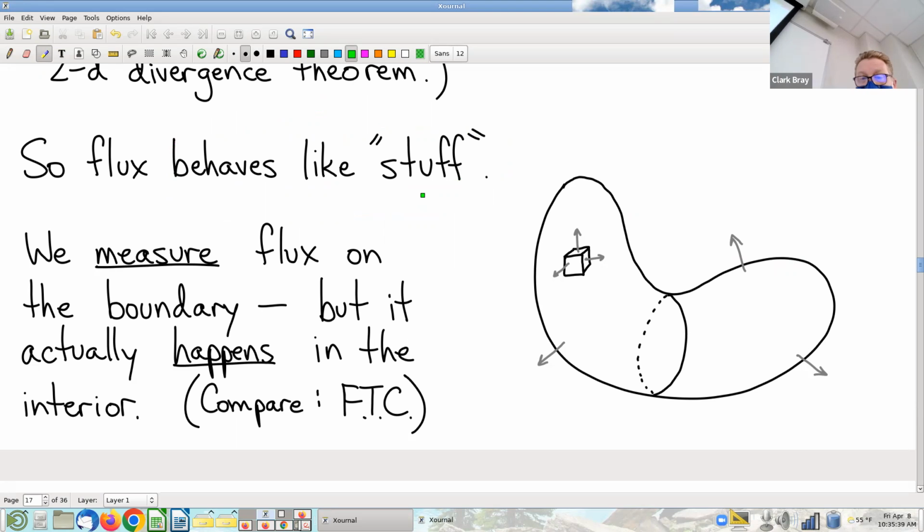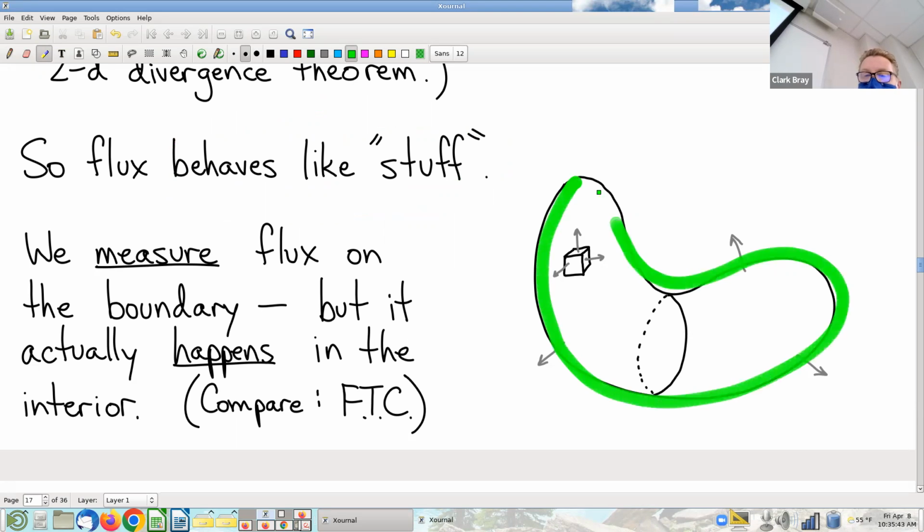Okay. So specifically, it's not just that the boundary flux that I measure there is somehow in the interior. I can talk about exactly how much of it is in any given little region. You give me a little box, I can tell you how much of this overall boundary flux is happening in one little spot.